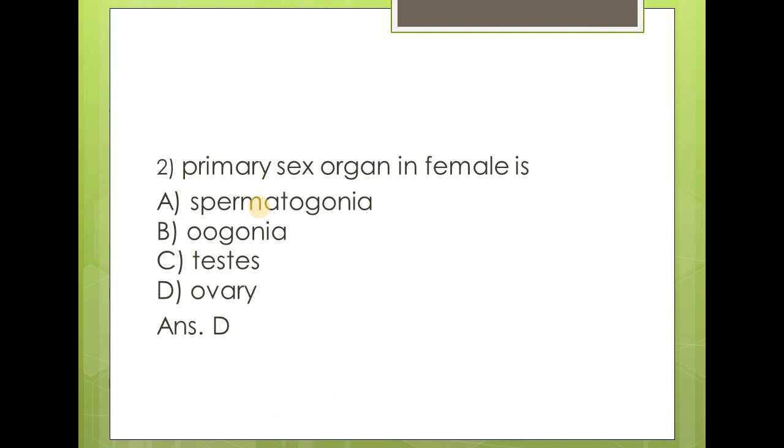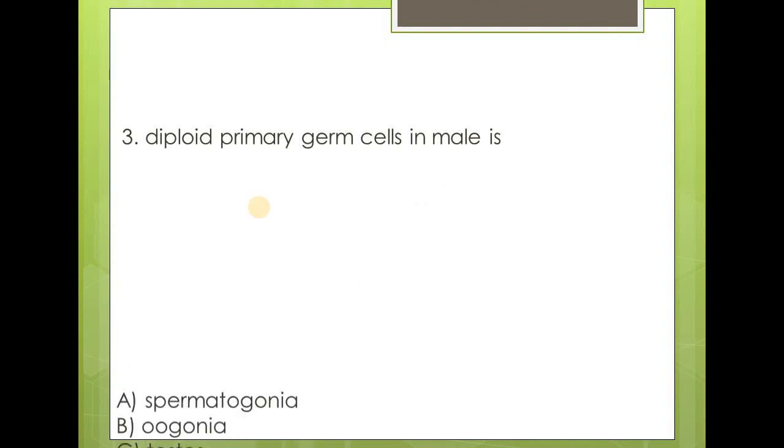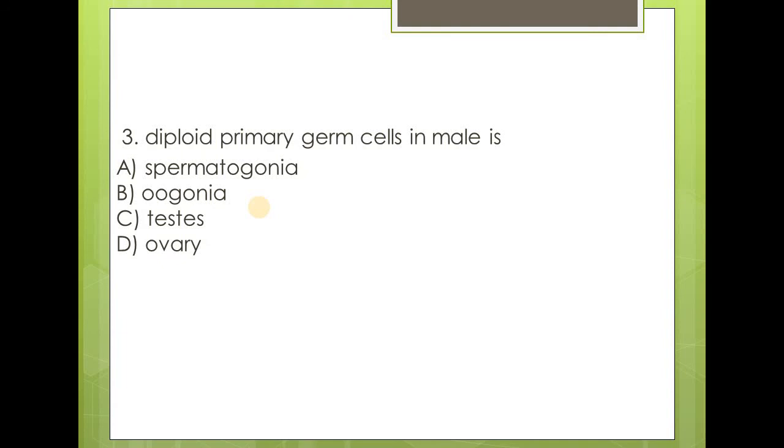The primary sex organ in females is: spermatogonia, oogonia, testes, or ovary? The ovary is the primary sex organ in females. Diploid primary germ cells in males are: spermatogonia, oogonia, testes, or ovary? It is spermatogonia.